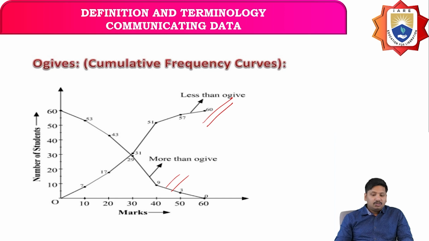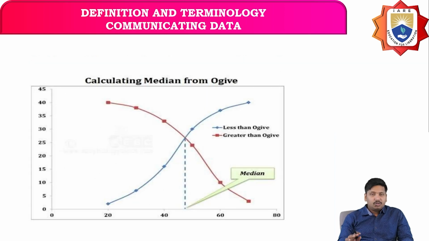Whenever the two ogive curves are joined, the point where the two intersect, the intersection of the two lines, should be considered the median.